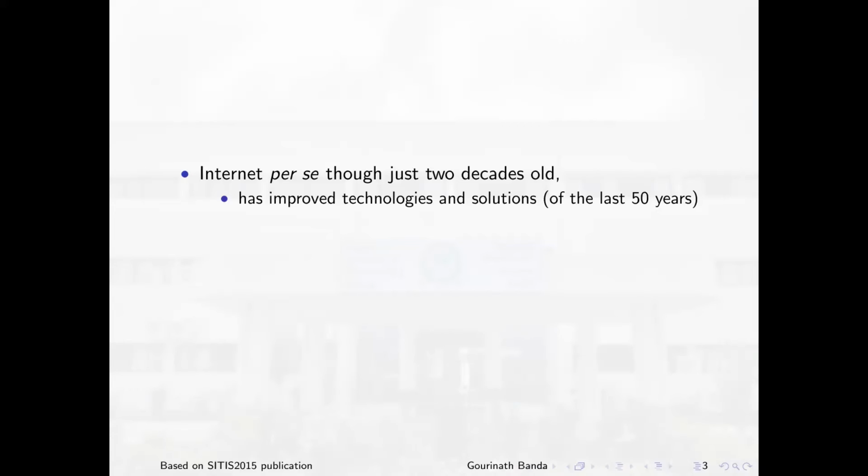So the internet has improved technologies and solutions that existed before the internet came. For instance, we have our railway reservation system. That was far before the internet came. But before the internet was implemented, we used to have a manual reservation system. Every railway station in India would be allocated some 10-20 seats as their local quota, which they can sell if a passenger goes there and applies for a ticket.